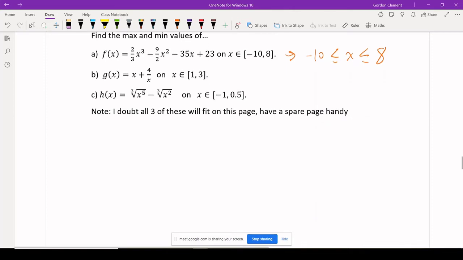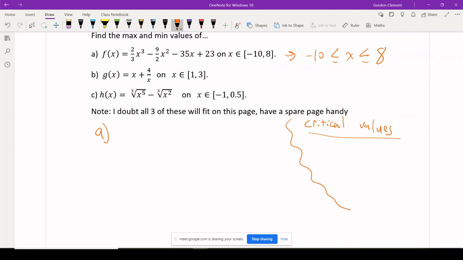Okay, so for that first one, we have our function up here. I usually keep a spot somewhere on my page where I'm keeping track of my critical values. And just looking at that question, I already know some critical values.